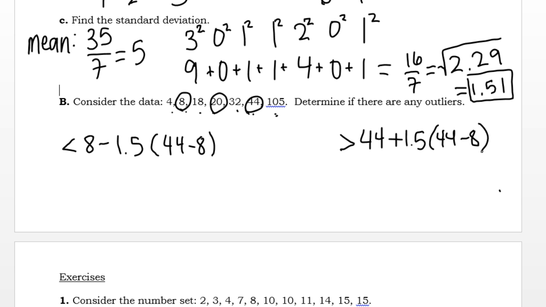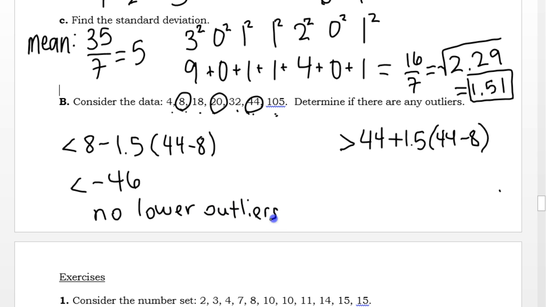The first one is negative 46. So the question is, are any of the data values less than negative 46? No. No lower outliers. The upper boundary is 98. Are any of the data values greater than 98? Yes. 105 is an outlier.